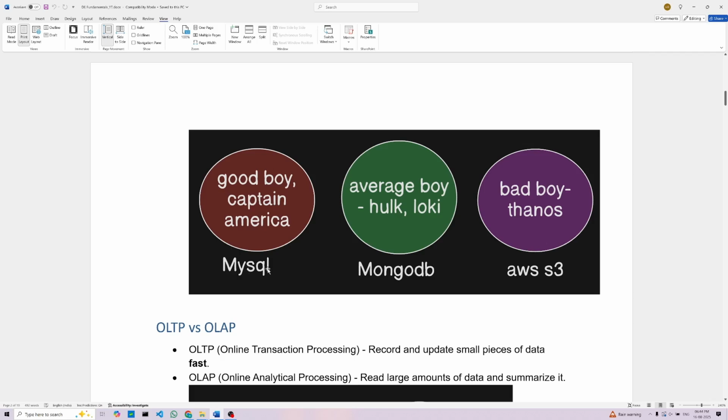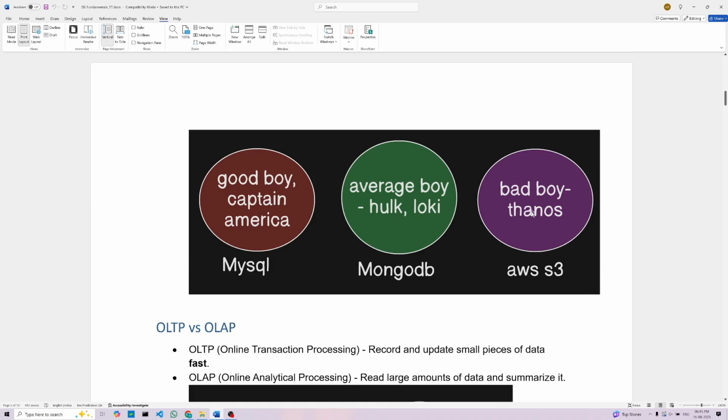For the structured data type we use MySQL. This is just one example. There are many different types of databases for different types of data, but this is just one example. For structured we can use MySQL. For semi-structured, we can use MongoDB. Like JSON, we will store data in JSON format. And for unstructured we can use Amazon S3.